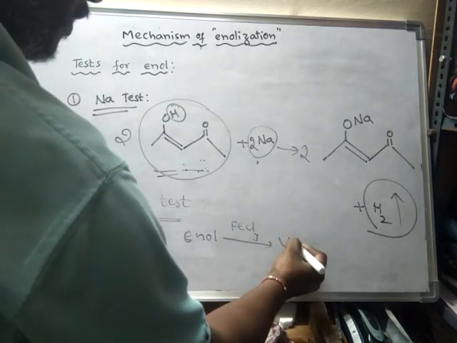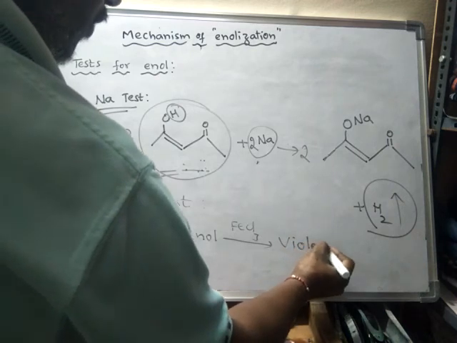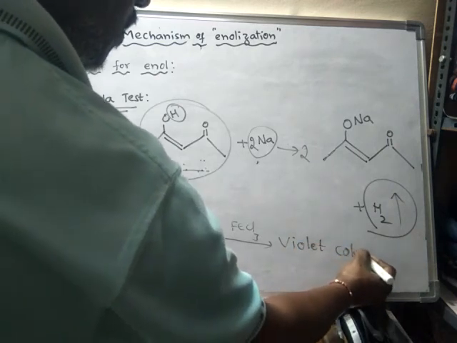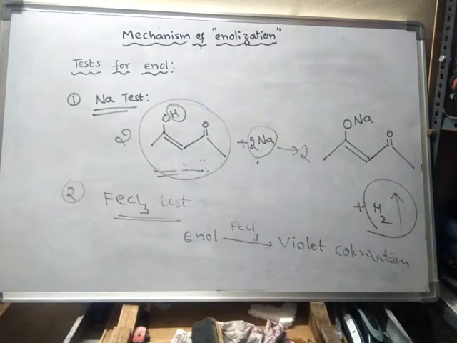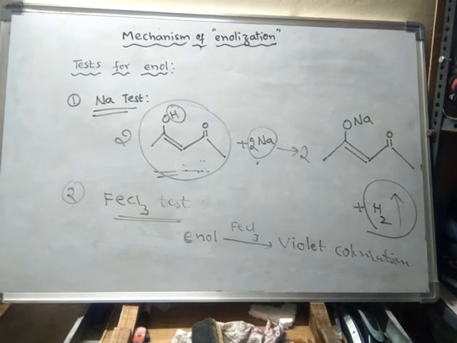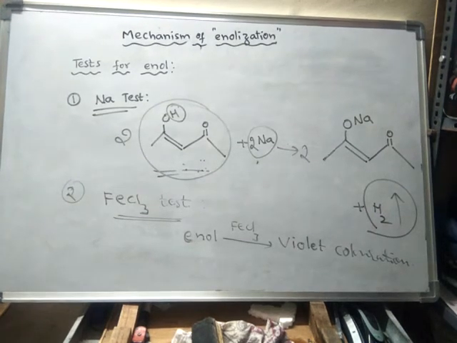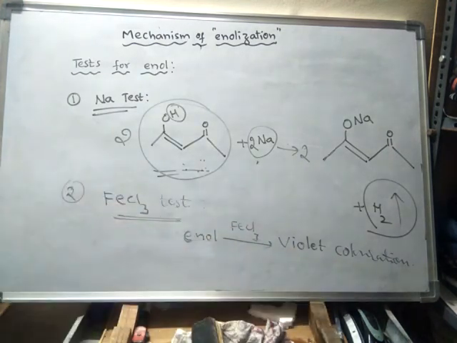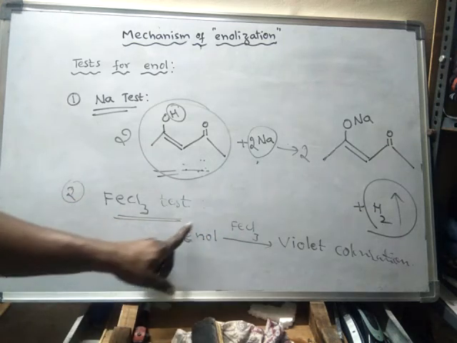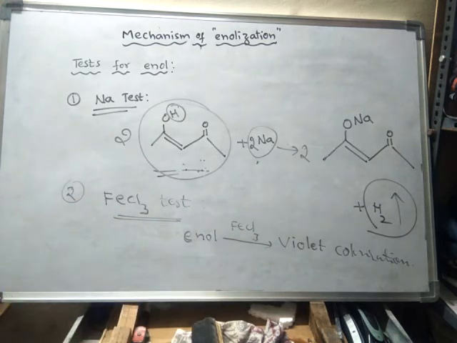The enol will turn into violet color. Violet coloration takes place. So if FeCl3 converts the given substance into violet color, it indicates that the given substance is nothing but enol.